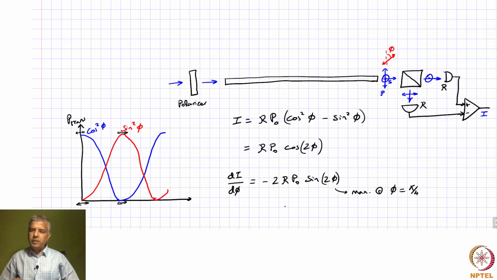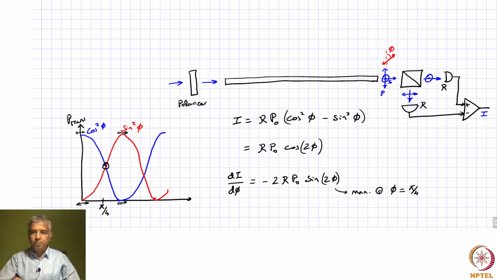Okay, so what that tells you is something that we intuitively figured out: this point here, which corresponds to pi by 4, is actually the best operating point.